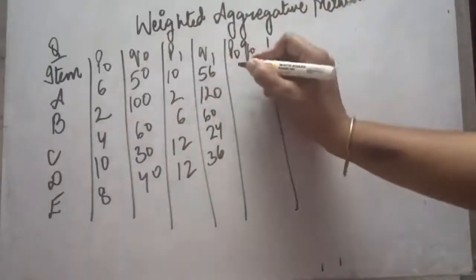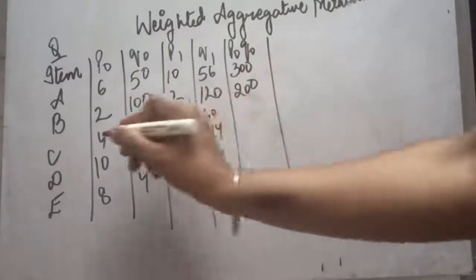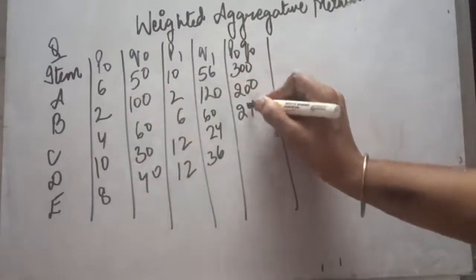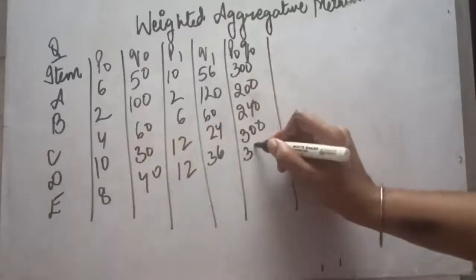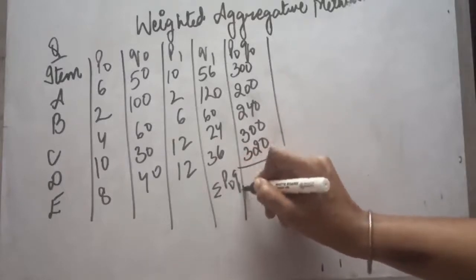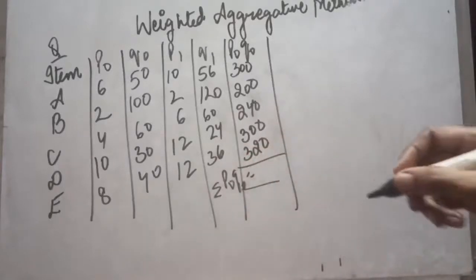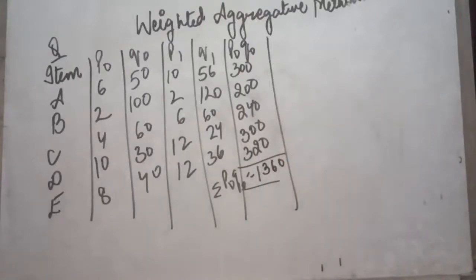So 6 into 50 will be 300, 2 into 100 will be 200, 4 into 60 will be 240, 10 into 30 will be 300, and 8 into 40 will be 320. When we add it, it will be Σ P0Q0, which will be 1360.